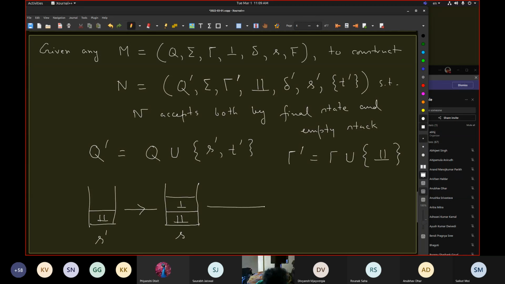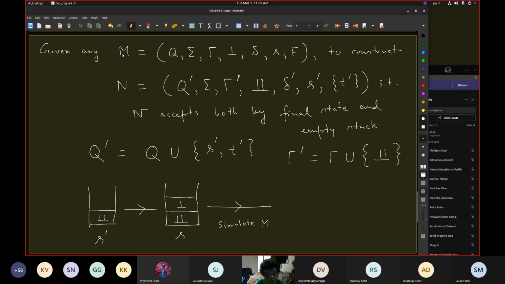Then it will simulate the original machine M. What does it mean by simulating M? By that it means that all the transitions of delta are also transitions in delta prime.